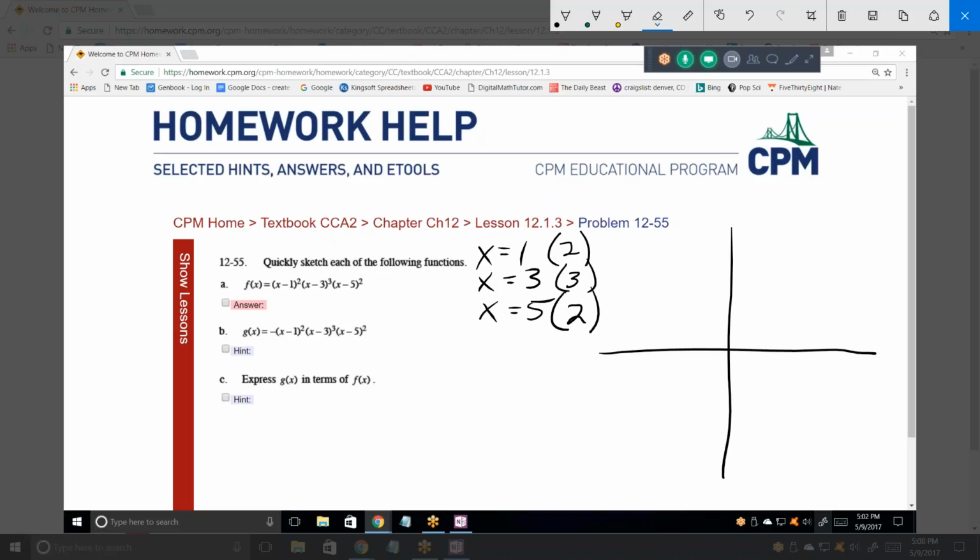The second one. Tell me the zeros and their multiplicity. 1 and 2, and 3 and 3, and 5 and 2.